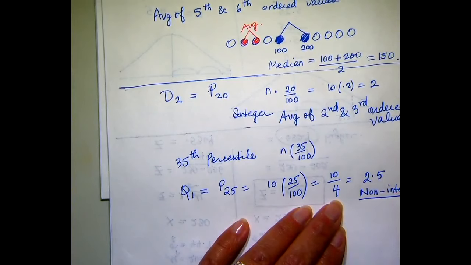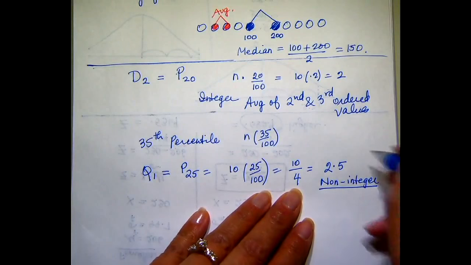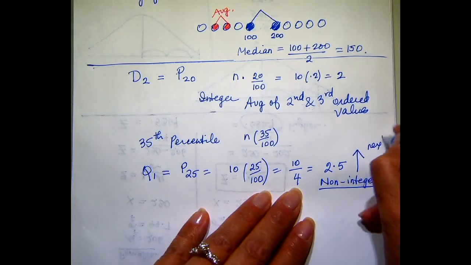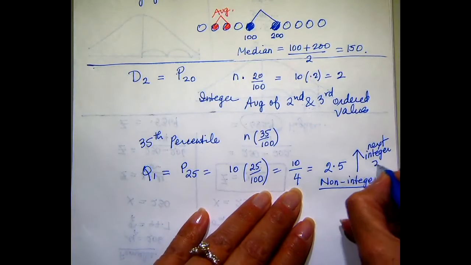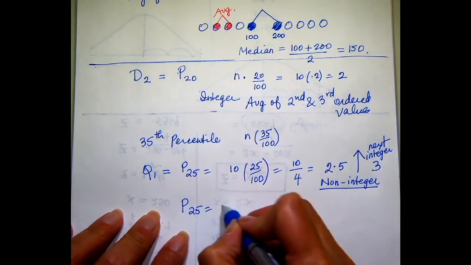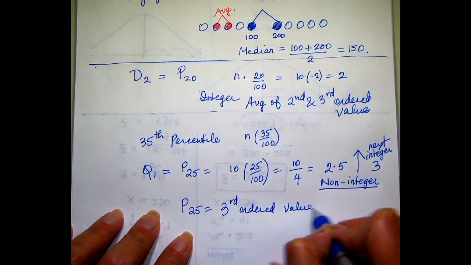When you hit a non-integer, the rule changes. You simply round up to the next integer, which is 3. So P25 is the third ordered value.